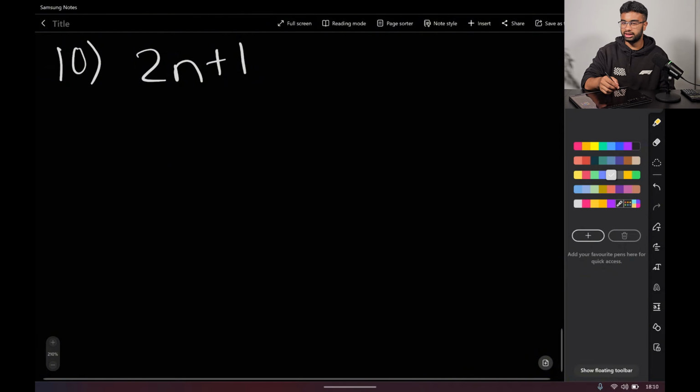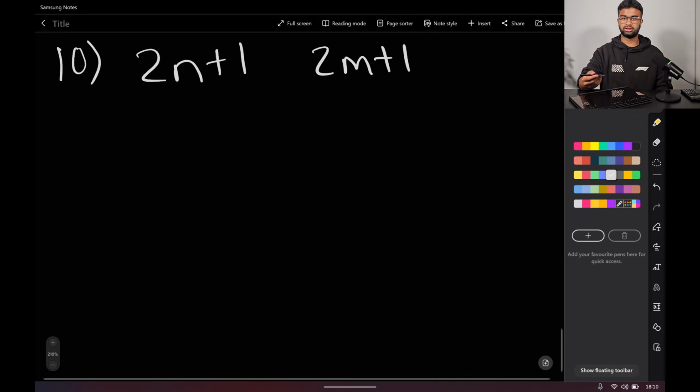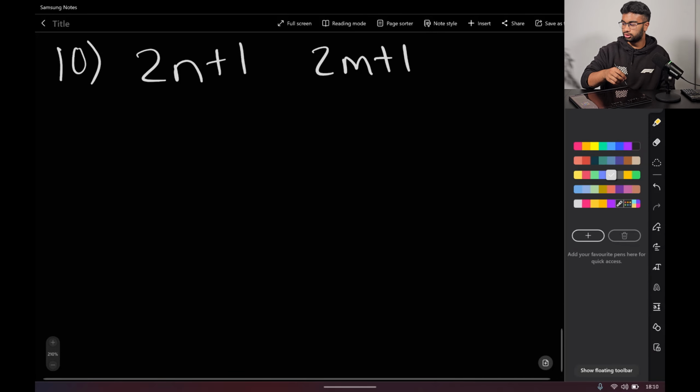And to represent any other odd number, we can use 2m plus 1. It doesn't really matter which letters you use, it's just to show that they're two different numbers. And we're told to prove that the sum of these numbers is always even. So that just means to add them together.